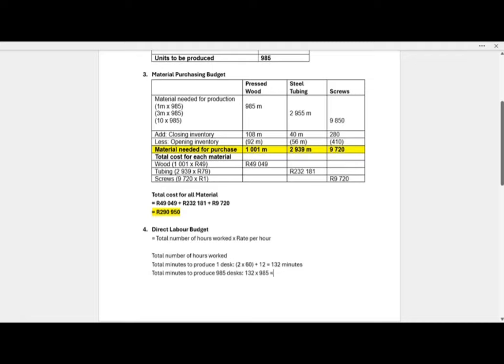Then we're going to get the total minutes to produce all the desks that are required.